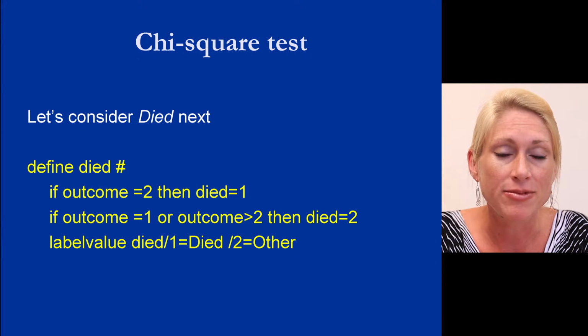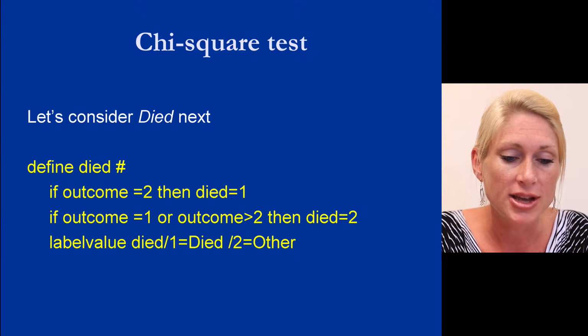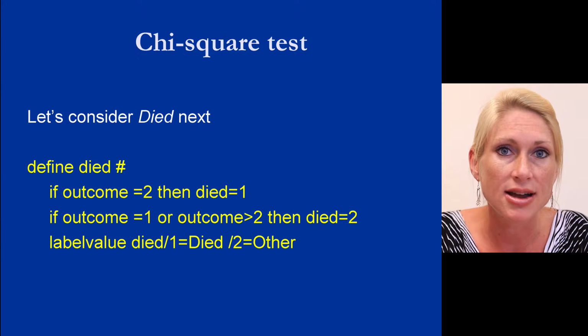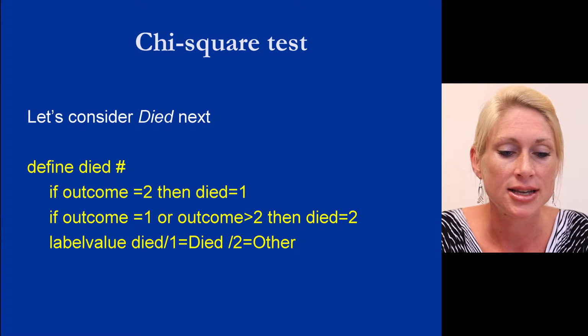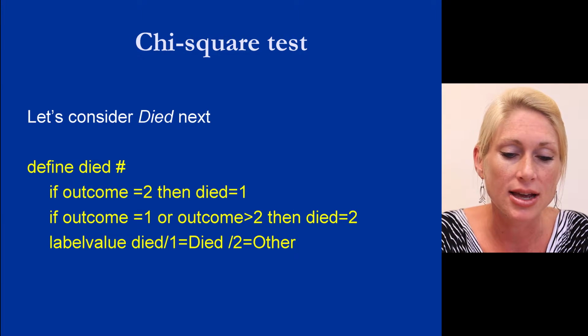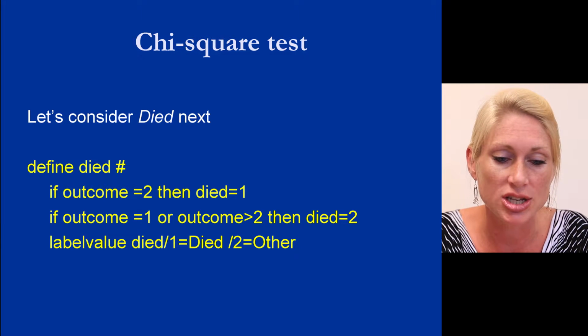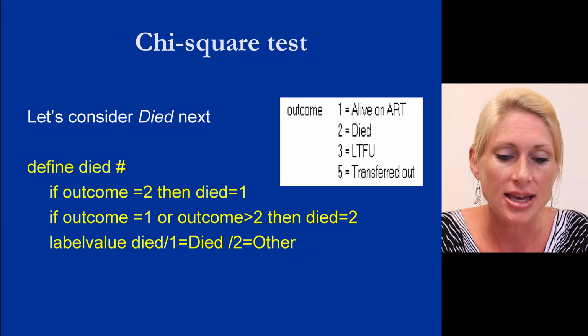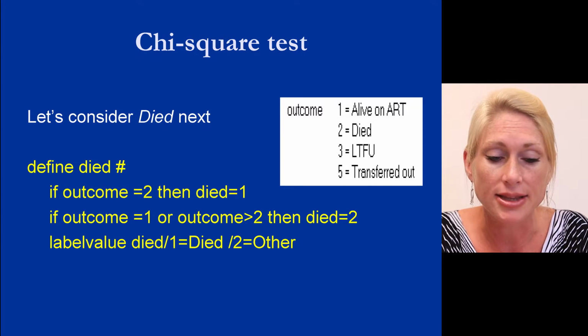Let's consider the same for died. So we create a new variable, we're going to call it died, define died. It's going to be a numerical variable with a character length of 1, so 1 hash key symbol. And we're going to say if outcome is 2, if the patient has died, then our new variable died is going to equal 1.